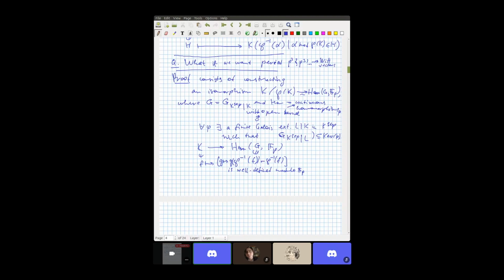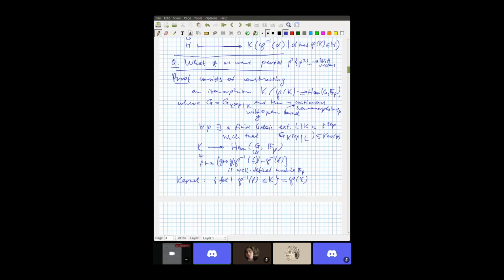Of course its kernel is the set of those f whose pre-images are fixed by the group G, and this means that they belong to K. So this is simply the image of K.